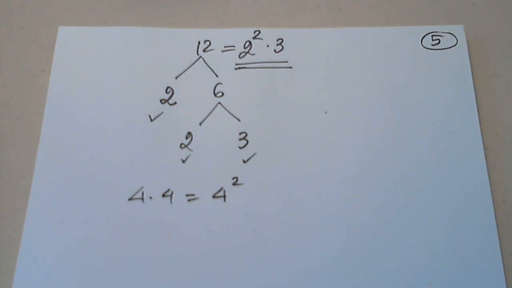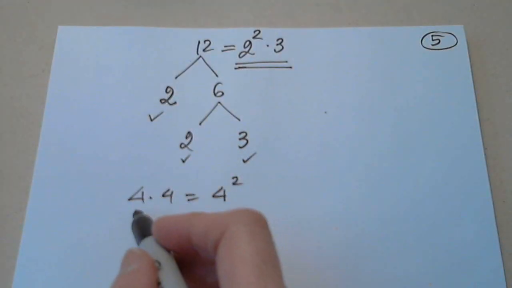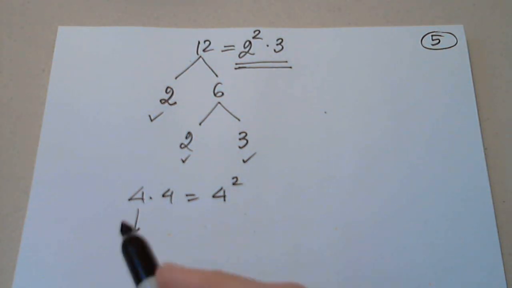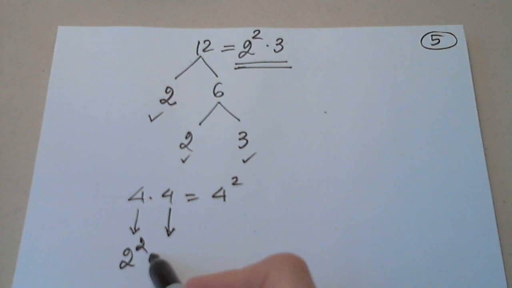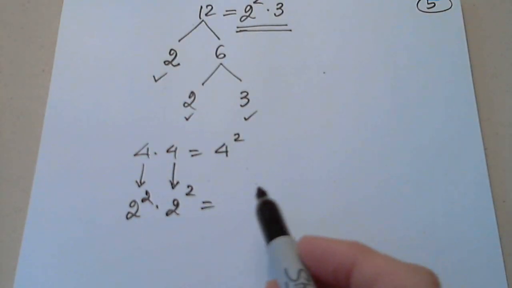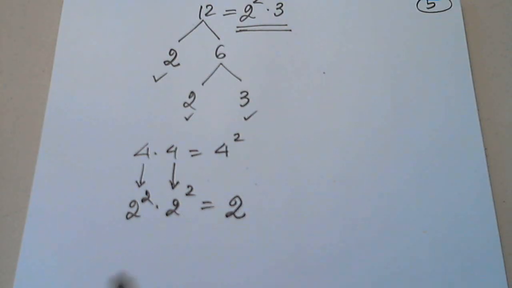But if they really refer to the prime factorization, then I will have to replace 4 by 2 squared. And this is the simplest possible form of 2 raised to which power?